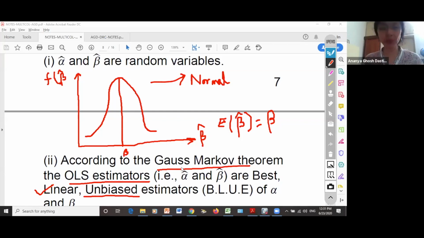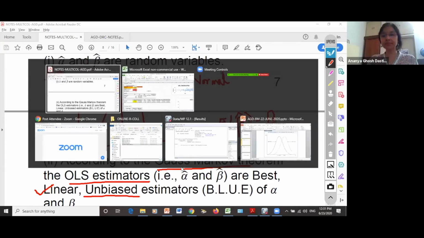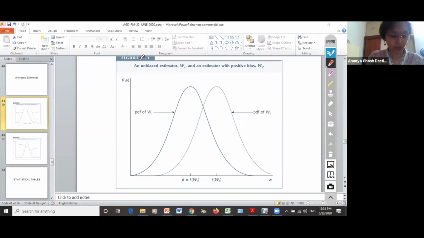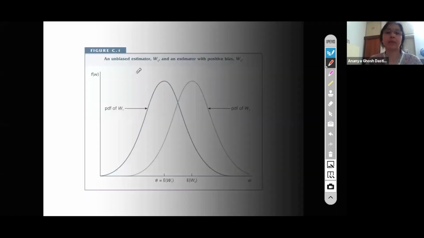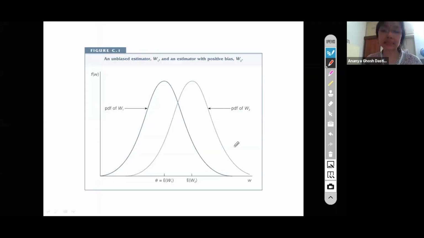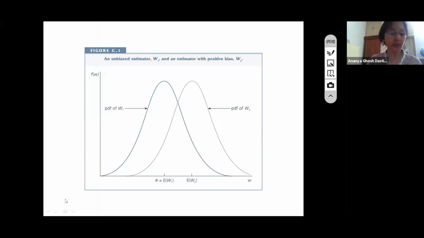Let's have a look at what a biased estimator can actually look like. So on my screen, what I have is the picture of a biased estimator.